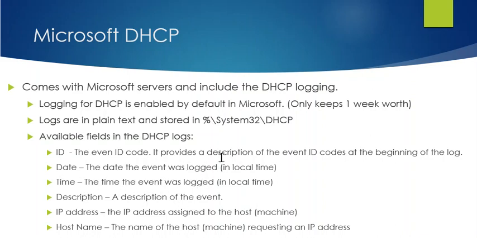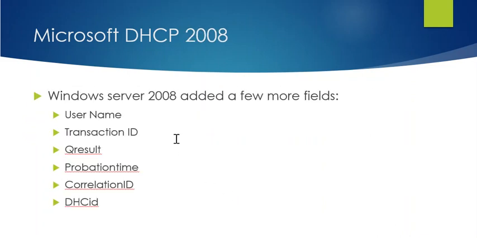Of course, those dates and times are in local time, so you need to be aware of that. It's not like Eastern time, it's wherever you're living. Then the description of the event, the IP address, the host name, and there's a line that you can't see below here, the MAC address, that is also part of that.